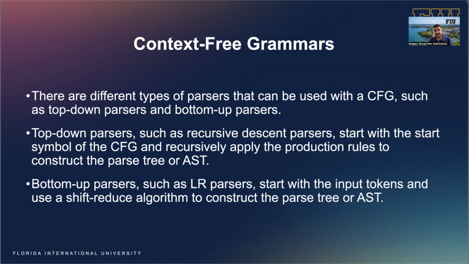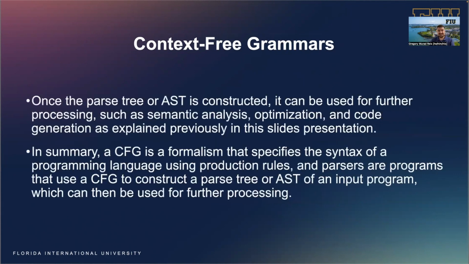So we have top-down parsers and bottom-up parsers, okay? One example of top-down parsers is the recursive descent parser, and it's usually used for the compilation process, okay? So once the parse tree is constructed, it can be used for further processing, maybe semantics, optimization, finally code generation for the machine.